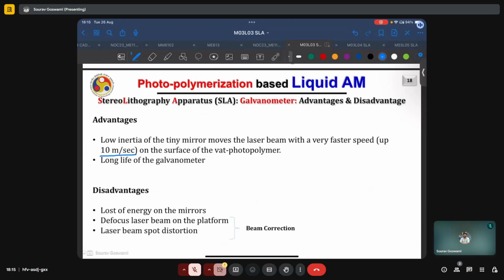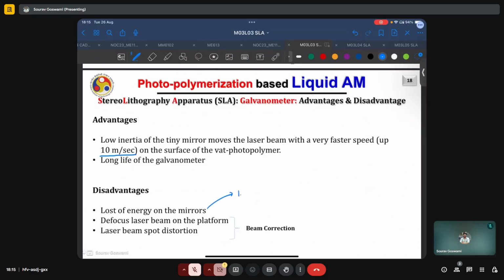Now, the loss of energy on the mirrors is because some of the energy will be reflected as desired, some of it will be absorbed, and some of it might even get transmitted. Now, this can be overcome by a couple of strategies. I'll just list one or two of them here.